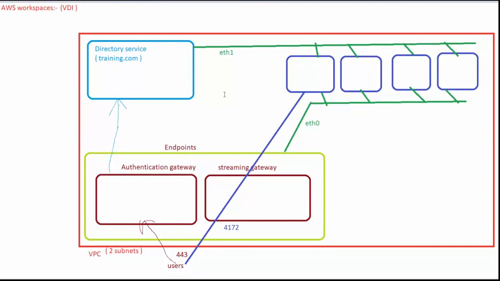So this is the architecture of how exactly this AWS WorkSpaces VDI environment works. Now, when it comes to deployment, the very first thing that we require is a directory which we will be creating, and then we'll be creating your workspace, which is nothing but hosting the VDIs for your end users.